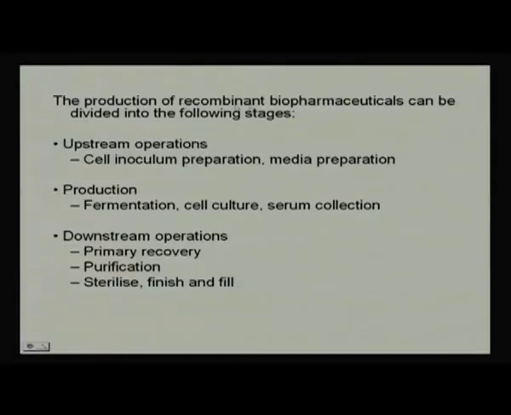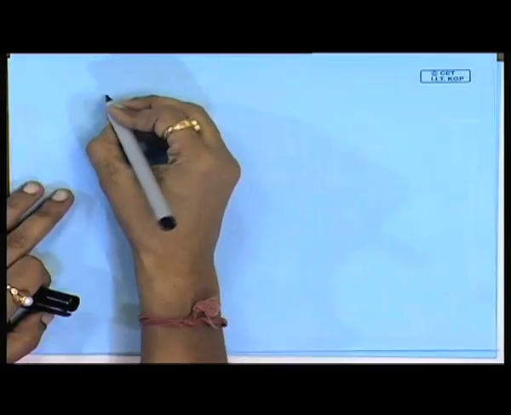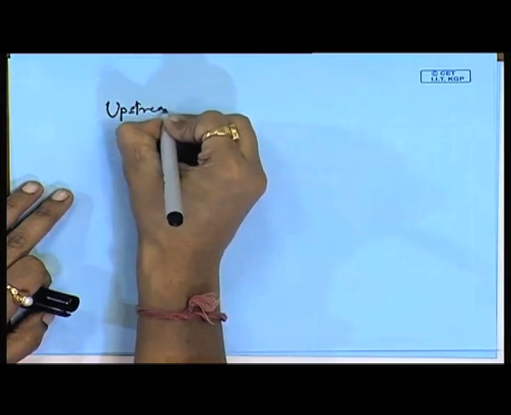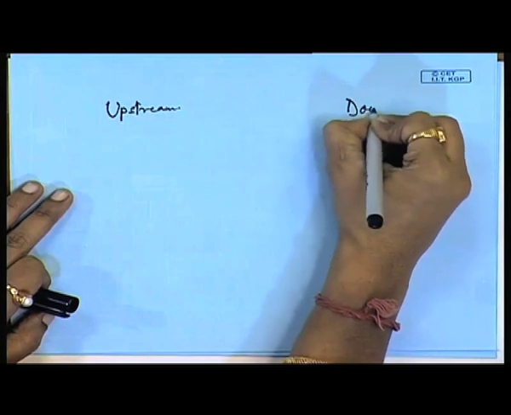So, the production of recombinant biopharmaceuticals can be divided into the following strategies, that is the upstream operation and production and downstream operation. If I classify the entire lecture, what I have discussed with you, that entire production, upstream, downstream.